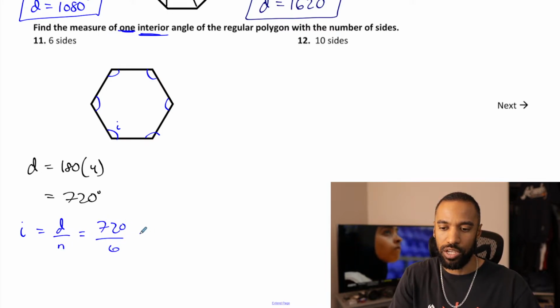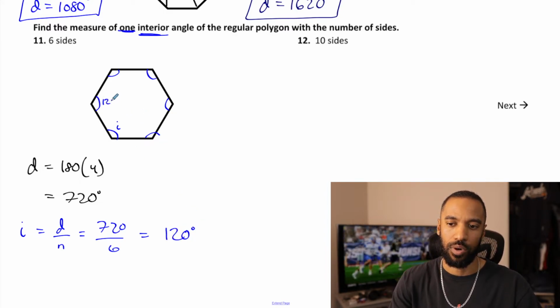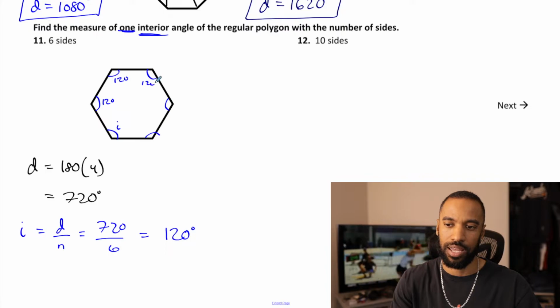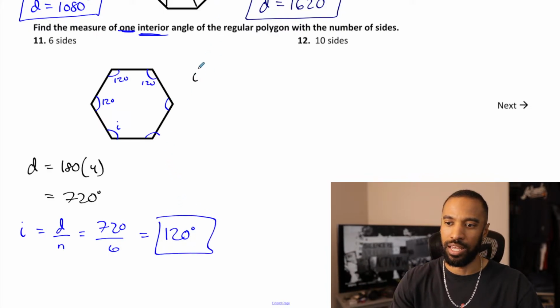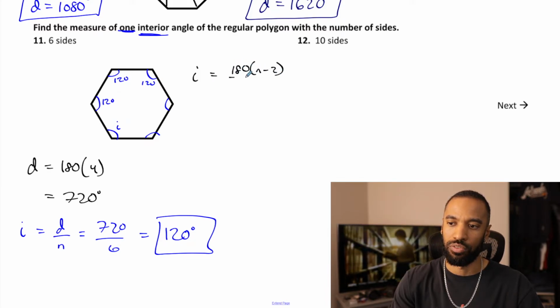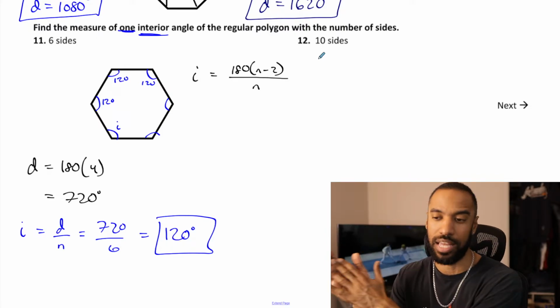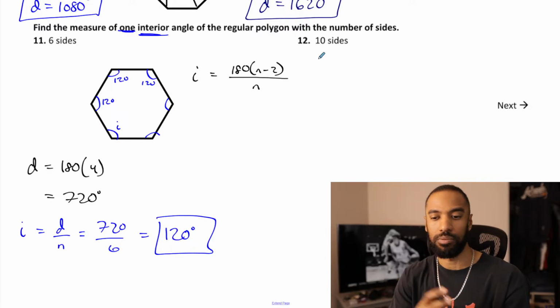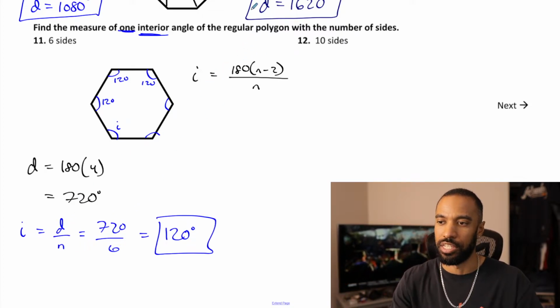We do 720 over 6, which is 120 degrees each, right? 120 plus 120, etc. And that's the answer we're looking for in that case. So this formula, I is 180 times n minus 2 all over n, if you will. If you want to write it all like that, you can. I think that's a little much, but you totally can. You put D over n if you know what the D represents.